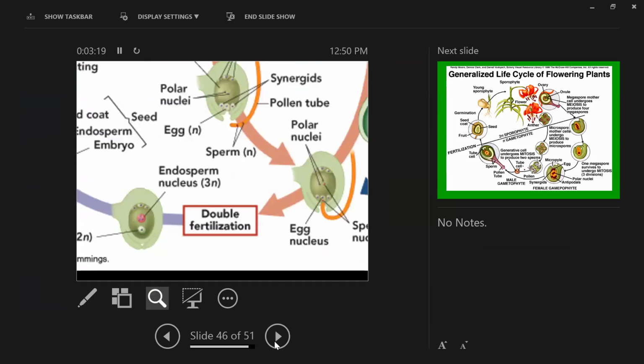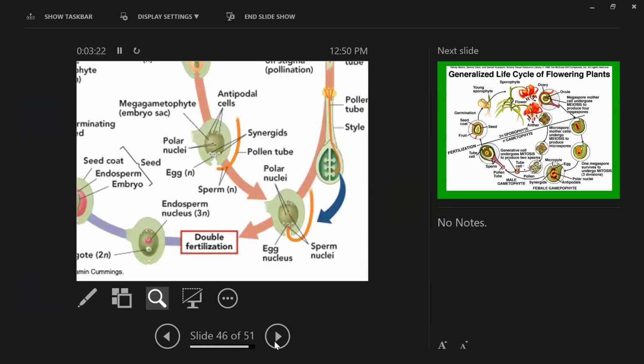So here, I show sperm. So they're showing one of the sperm fuses with that central cell with the polar nuclei. Now that's 3n, so that's triploid, because you have those 2 plus the sperm nucleus. The second sperm will get to the egg. So because both sperm are involved in these fusion events, one with the egg, one with the polar nuclei, that's double fertilization.